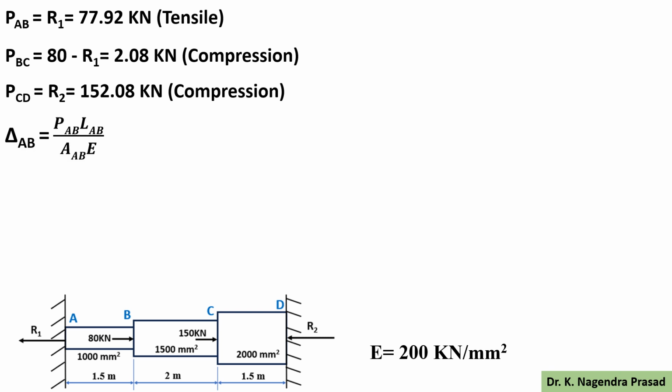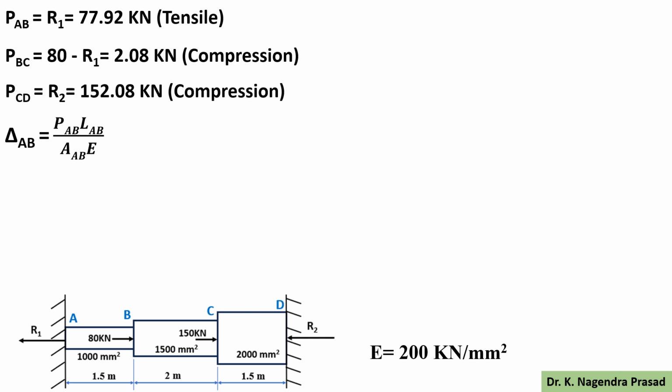So first we calculate delta AB, which is equal to PAB LAB divided by AAB into E. We know the PAB value, LAB value, the cross-sectional area of portion AB and Young's modulus value.